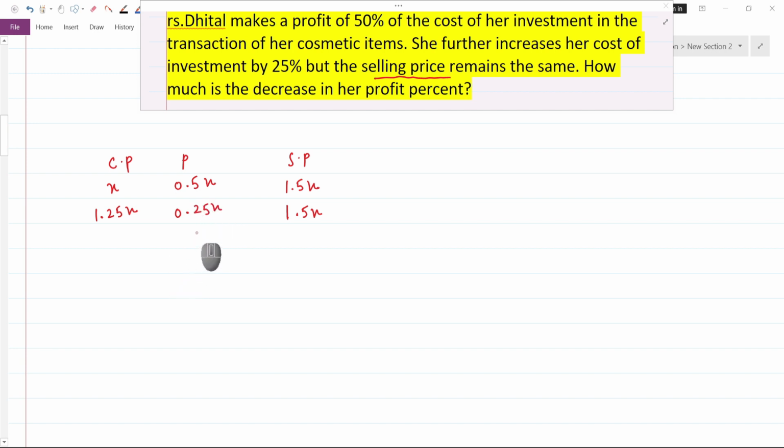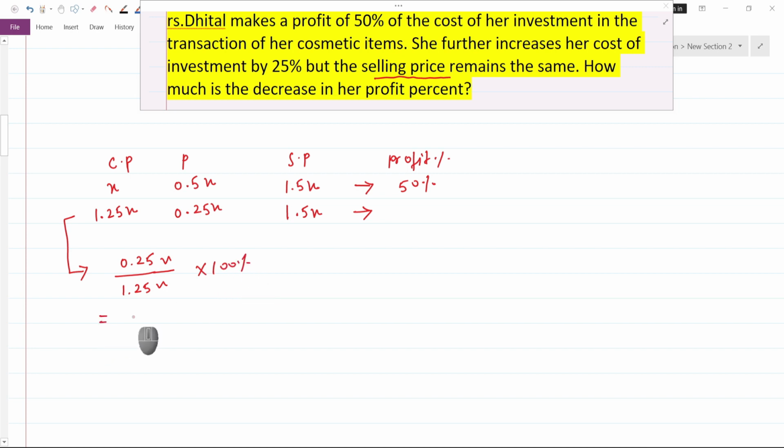What we will do after this is, our initial profit percent was how much? Let me write it. Initially, according to the question, there was a 50% profit. Now our profit percent will be how much? For that we will calculate the profit amount by CP into 100%. 0.25 upon 1.25 into 100%.